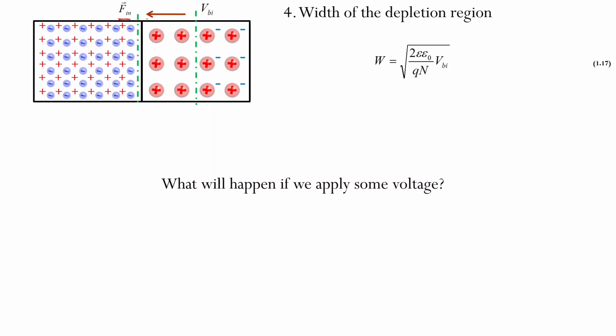This electric field is responsible for the electrostatic potential distribution and for this built-in voltage. To make it easier for you, we should consider different polarities, because we can either enhance the internal electric field by applying external bias or decrease it.